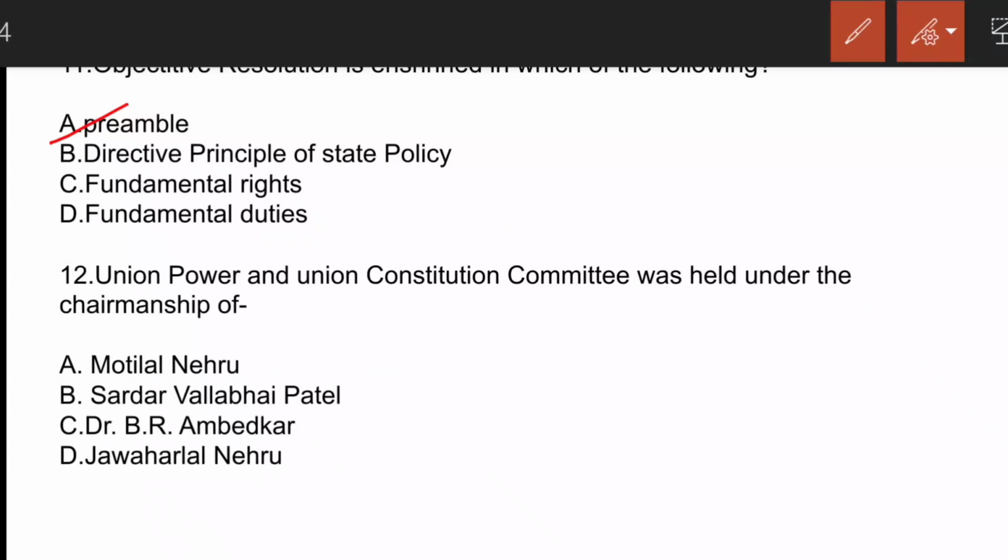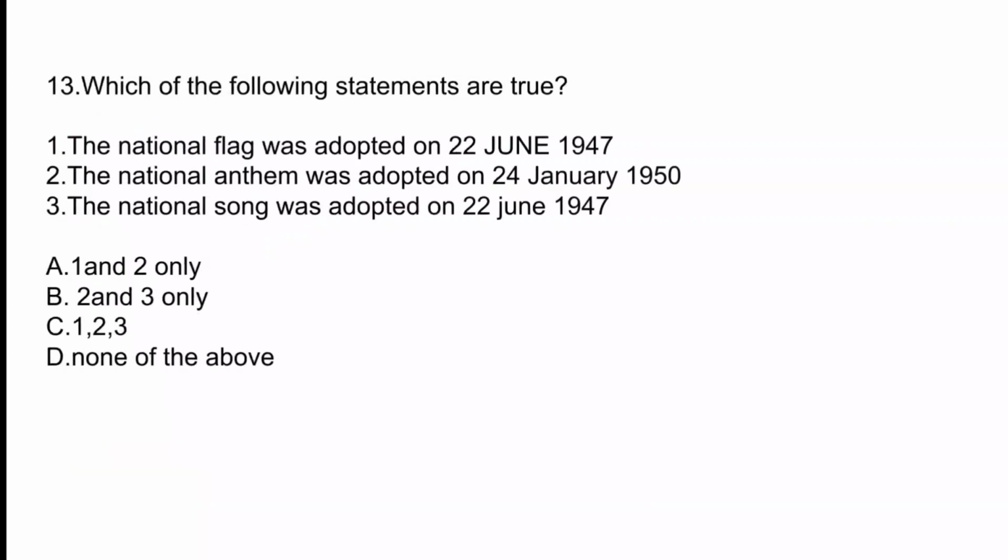The correct answer here is option D, that is Jawaharlal Nehru. Sardar Vallabhbhai Patel was the chairman of the Provincial Constitution Committee and Dr. B.R. Ambedkar was the chairman of the Drafting Committee. Moving on to the next question.